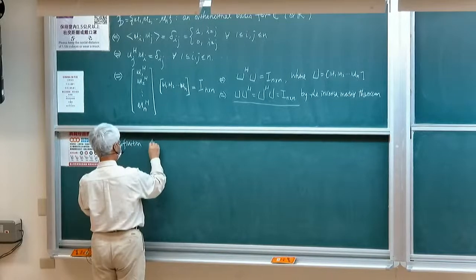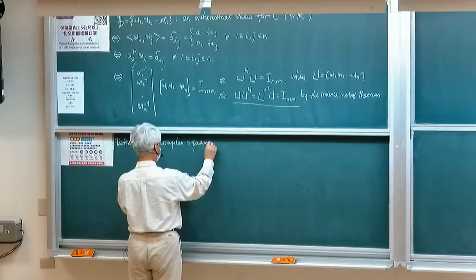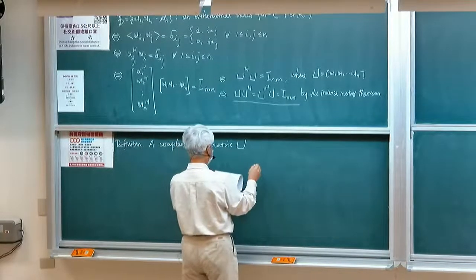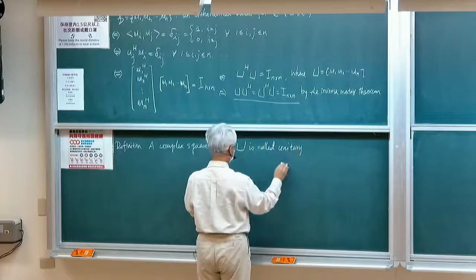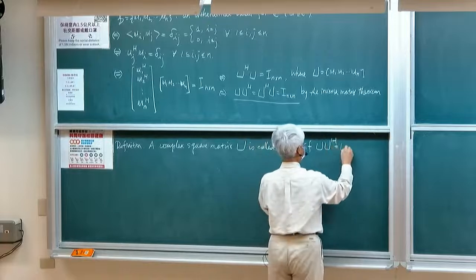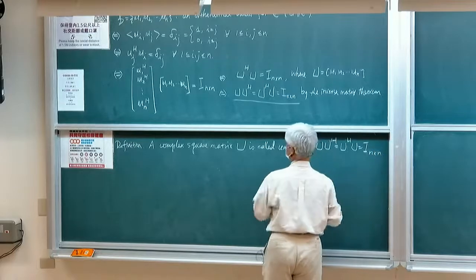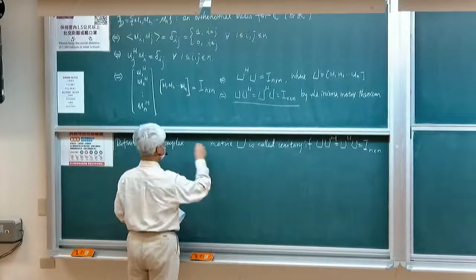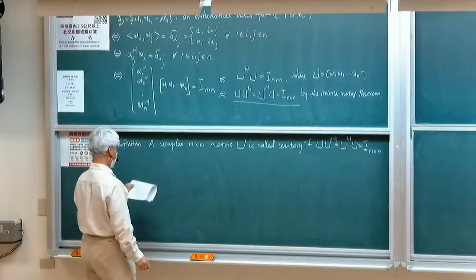So we give a definition. A complex n times n square matrix U is called unitary if we have this relation.